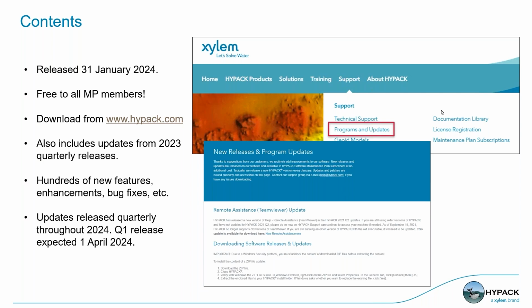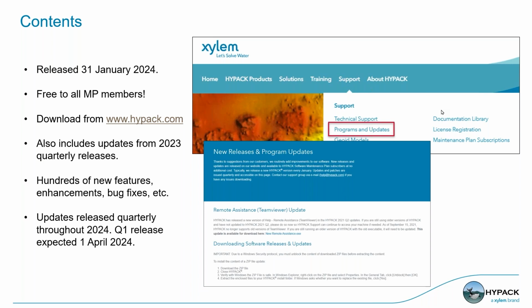We also include older versions too, but one thing to note is that HYPACK 2024 also includes all the updates, the quarterly releases we released over the last year, 2023. So there's no need to download 2023 and so on.